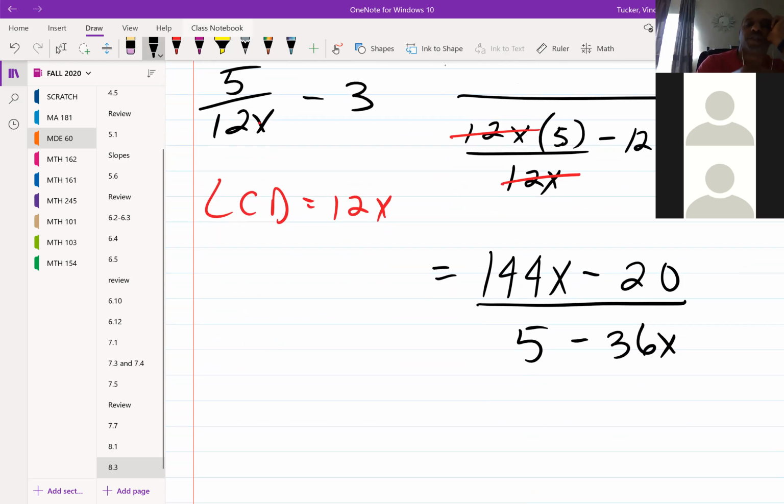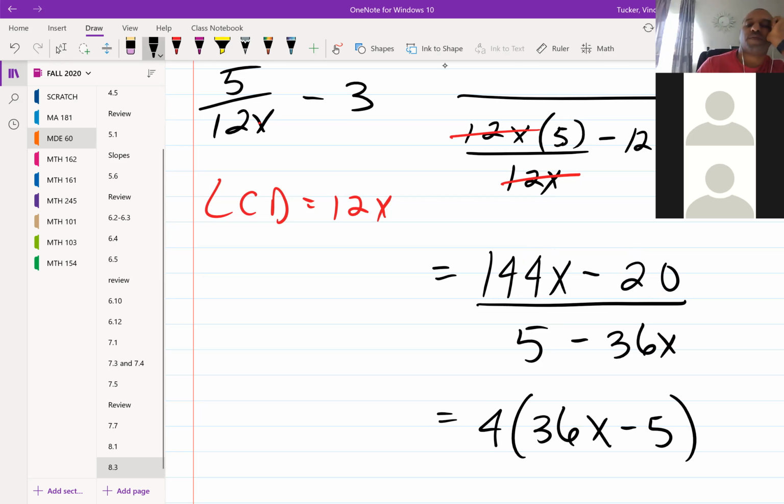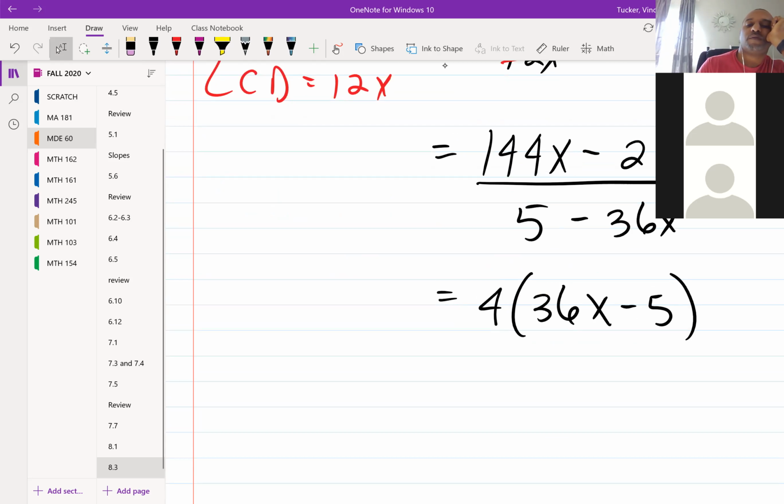When you look at your GCF, possible GCF out of the first 2 terms, the top 2 terms, you can take out a 4. That's 36x minus 5. Then I got to do a -1 on the outside. Yep, you see it.